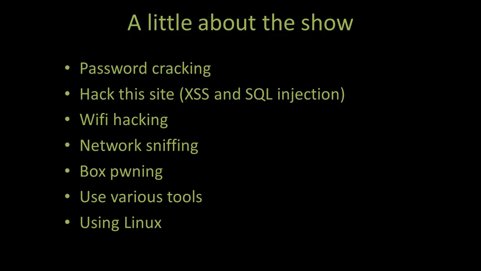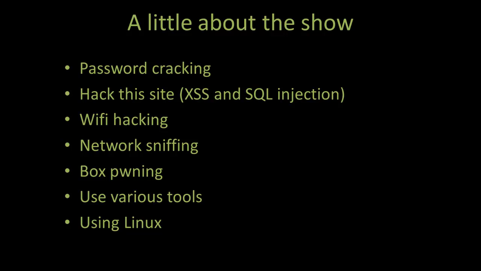We're going to do some network sniffing. That's what we're going to be doing today with Cain and Abel, but we'll also cover some various other tools. We're going to do some box ponying. We're going to set up some virtual boxes and own them. I'll show you how to do that later on in this series. And we'll probably use some tools like Metasploit and Social Engineering Toolkit.